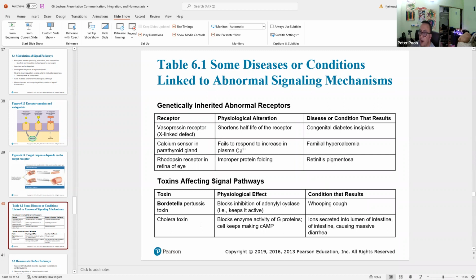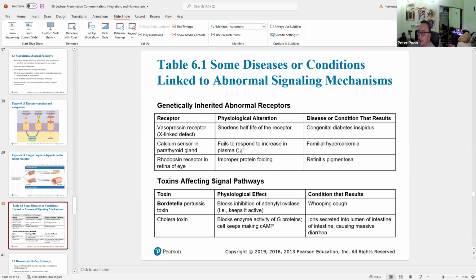The cholera toxin blocks the enzyme activity of G proteins, so the cell keeps making cyclic AMP, so you get a lot more secretion than you normally should get.